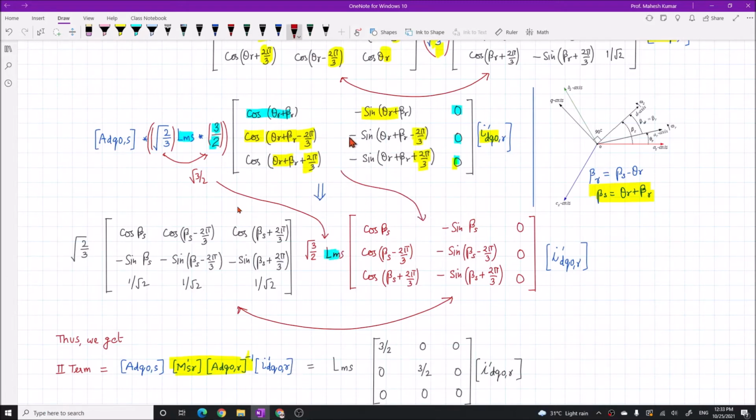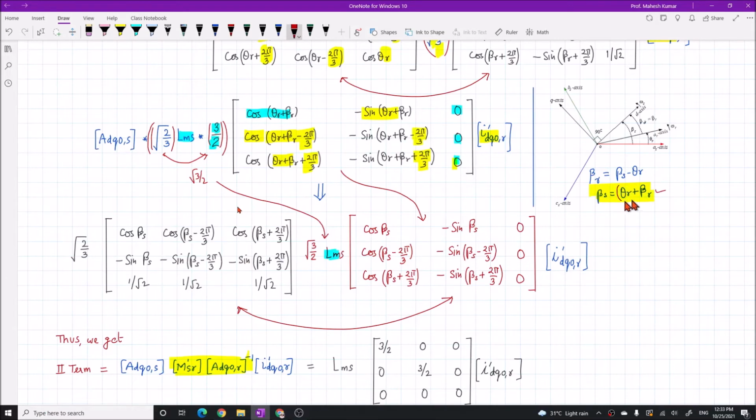In this matrix and this matrix, there is one change: I have represented theta r plus beta r equals beta s. As we can know from this diagram that we have taken in the beginning, looking into the position of the AR and D axis and AS axis, we can write from this figure that beta r, this angle, is nothing but beta s minus theta r, and therefore beta s equals theta r plus beta r.